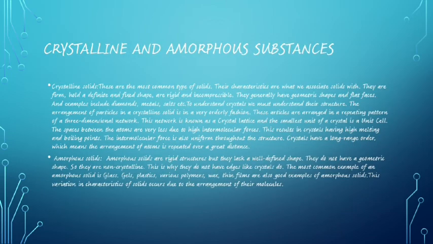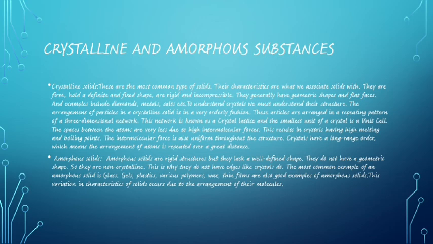So let me discuss crystalline and amorphous. We have crystalline materials and we have amorphous materials. Crystalline materials are always associated with solids. They have a very well arranged lattice.